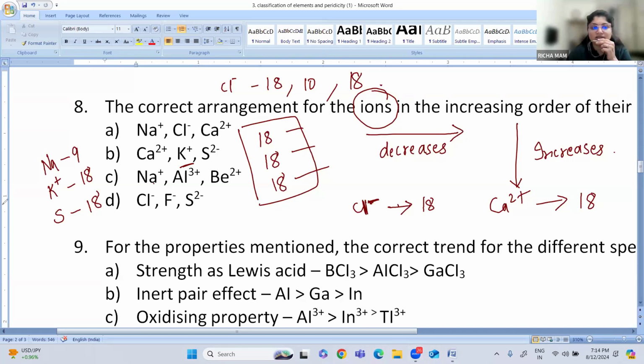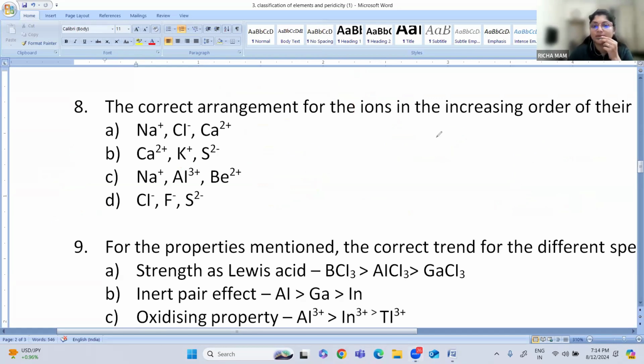We have studied this in structure of atom. They are called isoelectronic species. Yes, very good.